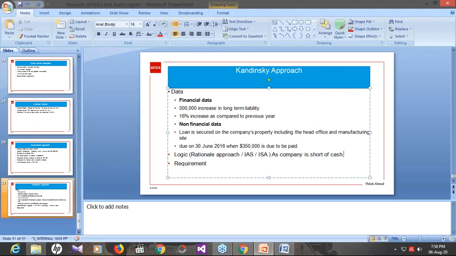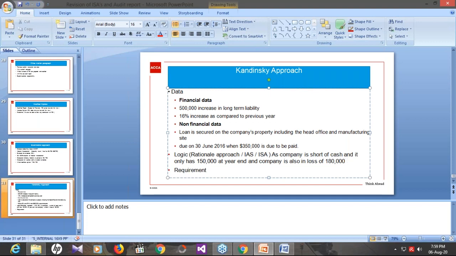So as the company is short of cash and it only has 150,000 at year end, and the company is also in loss of 180,000.